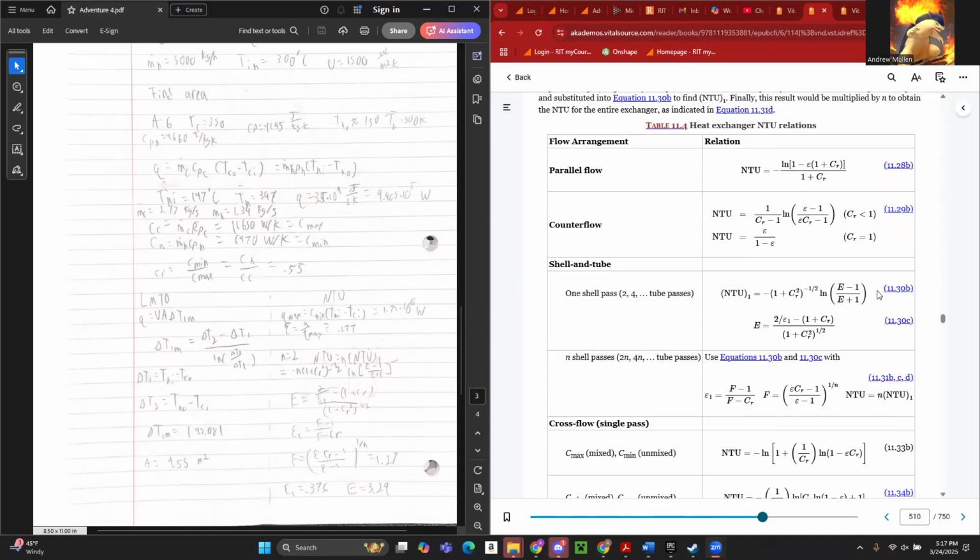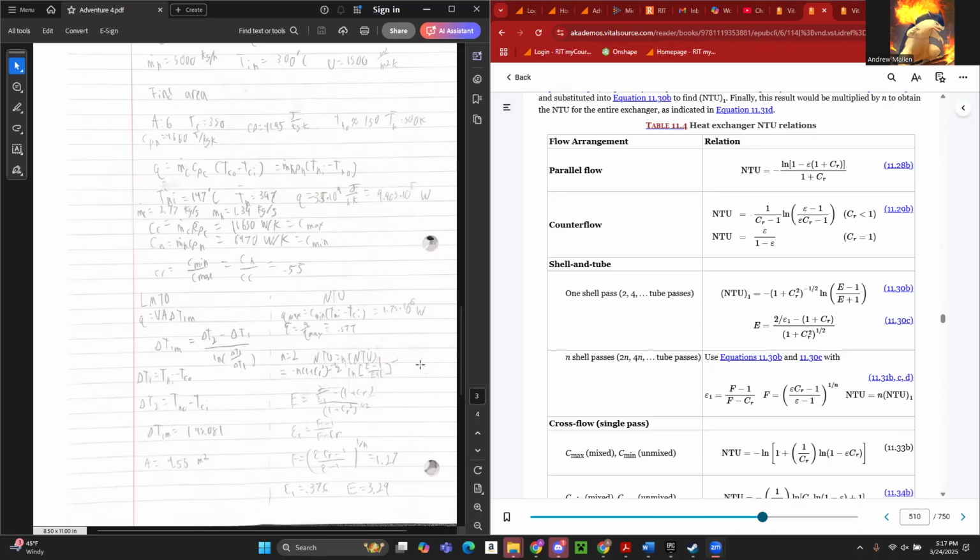Specifically, equation 11.30b is very useful, as well as equations 11.31b, c, and d. So it tells us that the NTU is equal to the n times NTU of 1. However, equation 11.30b tells us what NTU of 1 is equal to.